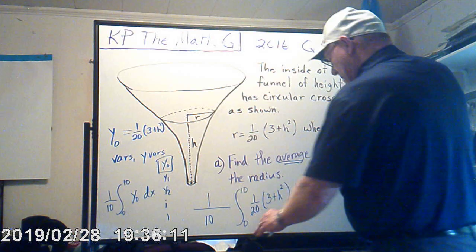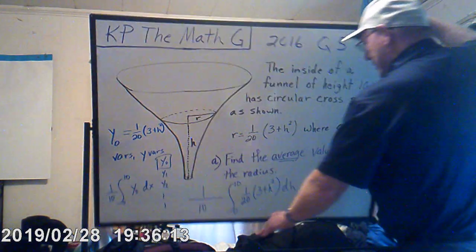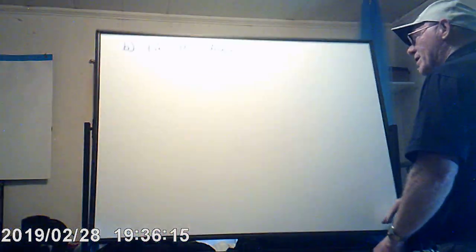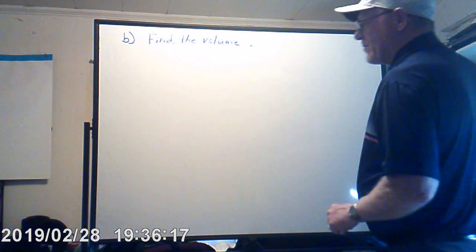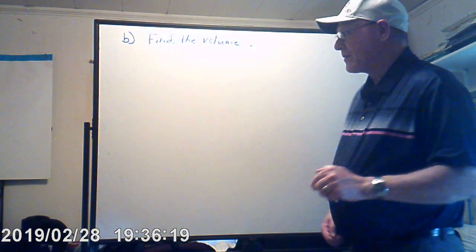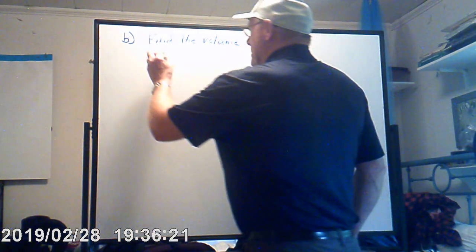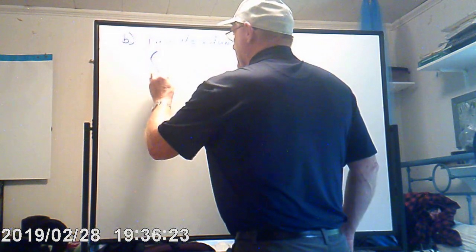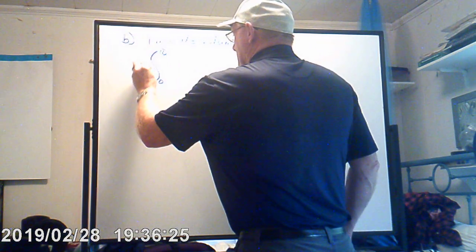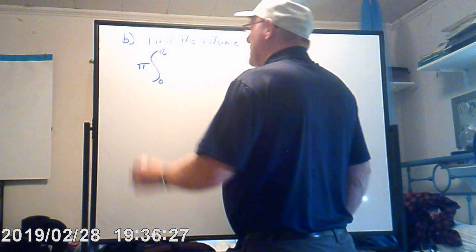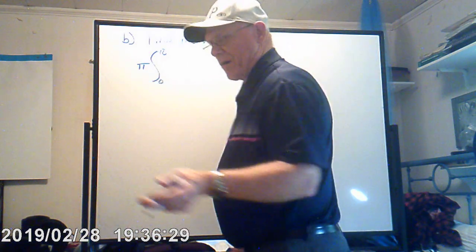So in this particular case, all we're doing is the volume. Don't put 1/10 in front, that's average. We're not dealing with average, but we still go from 0 to 10. And put the pi here if you want to. R squared, we know what R is.